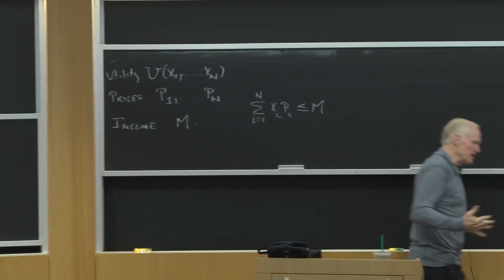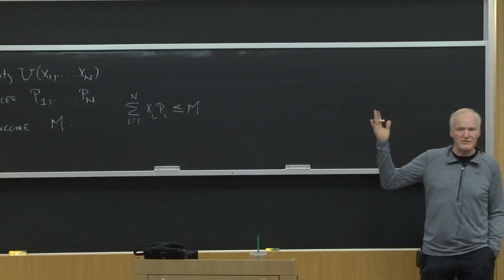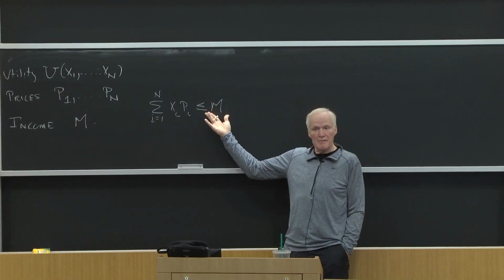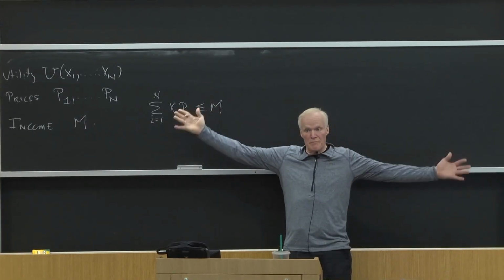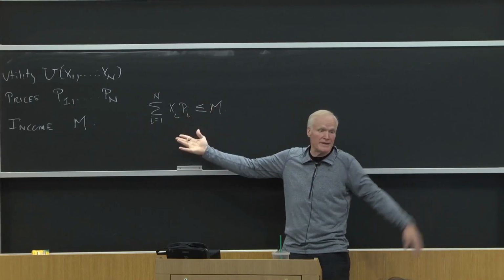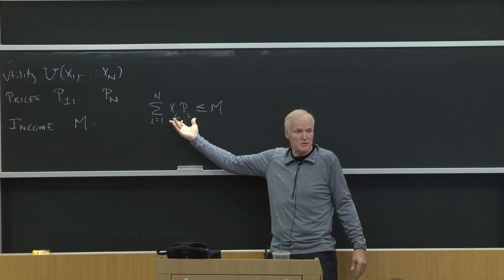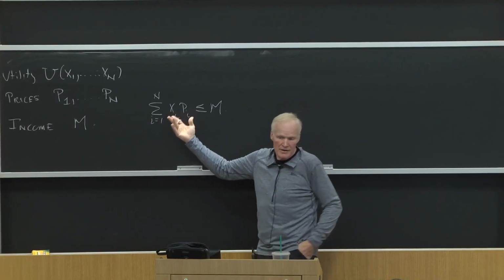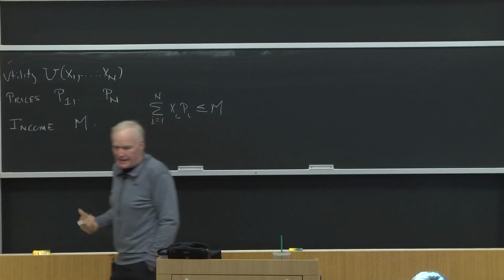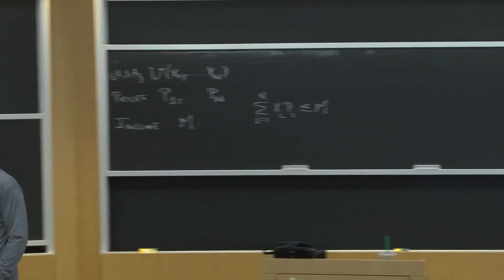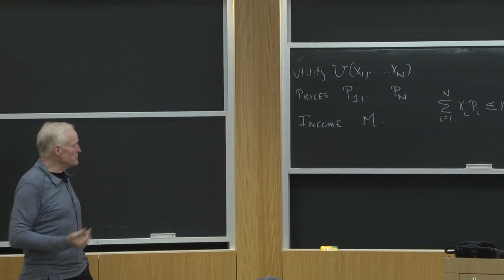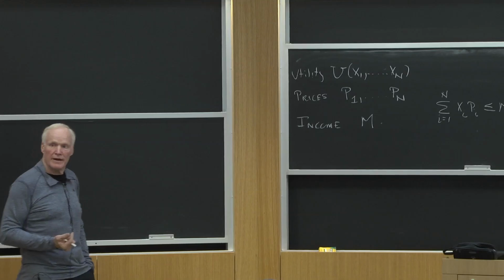If you're interested in consumption in multiple periods of time, it just means you have to think about this income as encompassing the income over some longer period of time, and borrowing and lending in future consumption would be one of these goods that you're buying. You have to think about what the prices are. But the basic idea is that you're limited in terms of your choices by some kind of budget constraint.